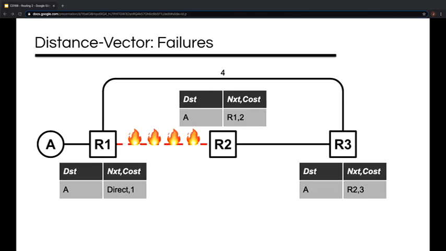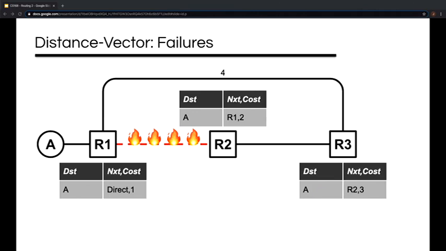And now we're going to say that this link between R1 and R2 fails completely. No packets are ever going to make it across this link again. But there's still connectivity between every node in this topology, right? But the paths from R2 and R3 don't work. So, what can we do to detect and handle this failure?